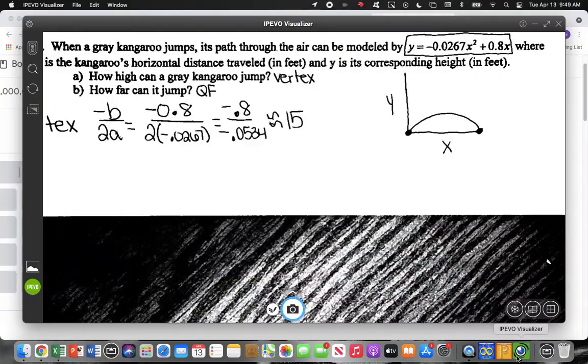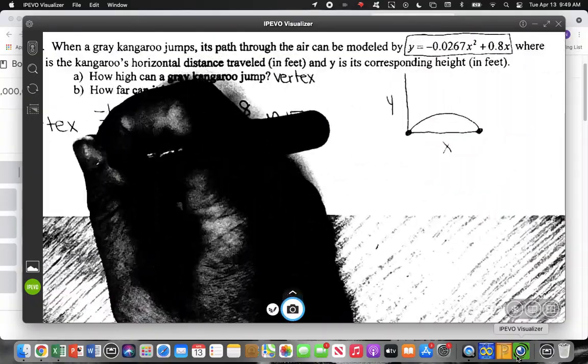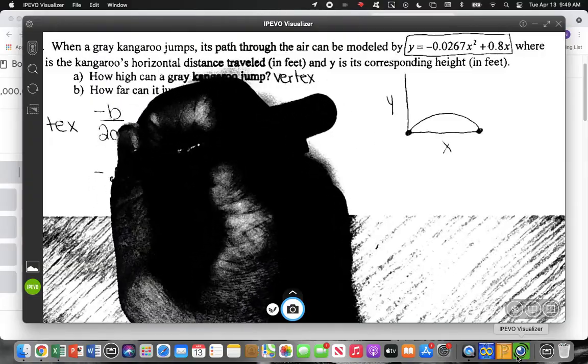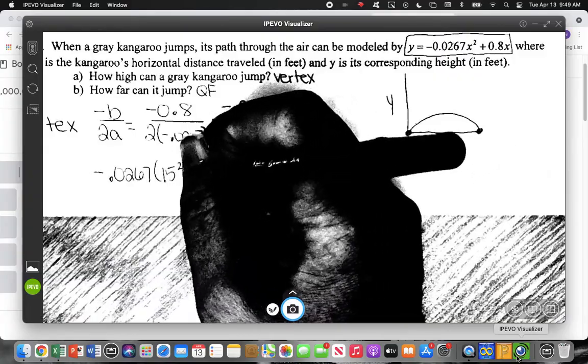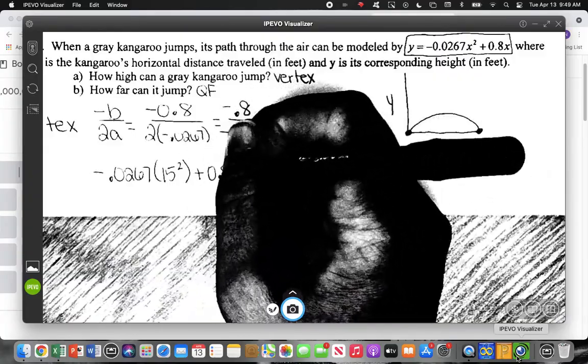Then to find the y, we're going to plug that in. Negative 0.0267 times 15 squared plus 0.8 times 15.